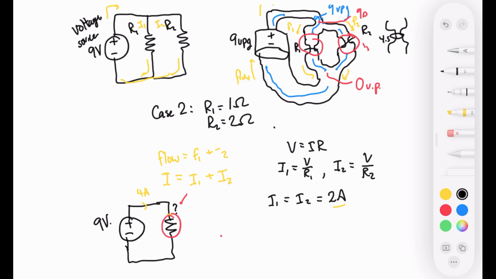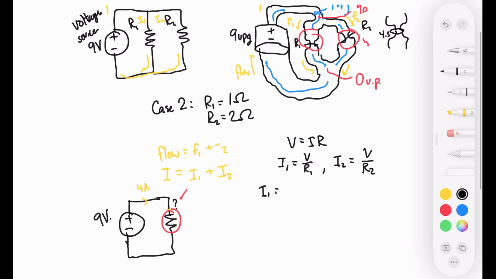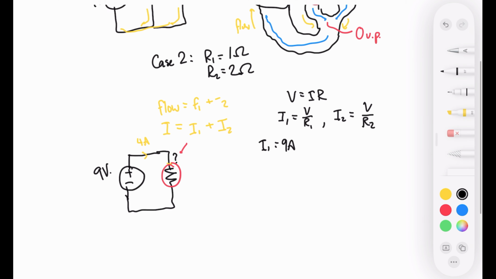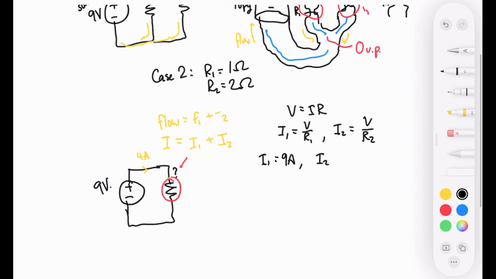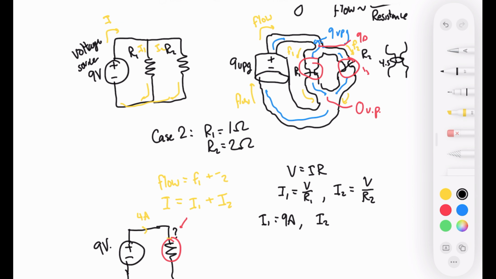Well, as we did before, we can calculate, because we know the voltage that's basically dissipated across both of these resistors, we can then, of course, calculate what the currents are. So just using Ohm's law, we're going to say I1 is going to be 9 volts divided by 1 ohm, which is going to equal 9 amps, and I2 is going to be our 9 volts or 9 pressure units divided by 2 ohms, which is going to equal 4.5 amps.